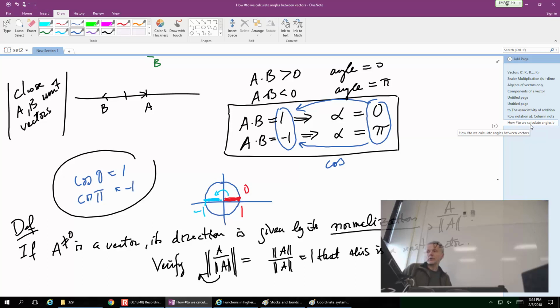So that's normalization. It's called normalization because the other word for magnitude is the norm. So you make the norm equal to 1. So if you have vectors of unknown length, other than 0, then you can make it into a unit vector by rescaling appropriately.